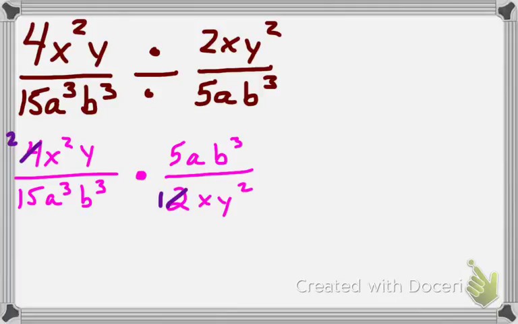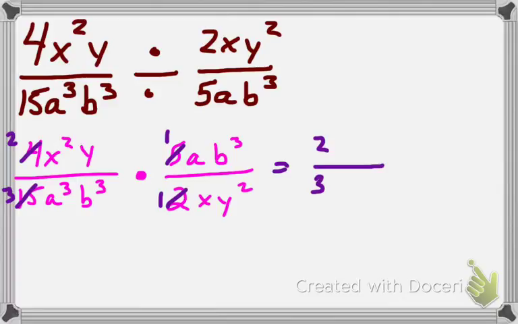And with the 5/15 again, I see that. So my coefficient is going to be 2/3, multiplying those numbers straight across. 2 times 1, 3 times 1.